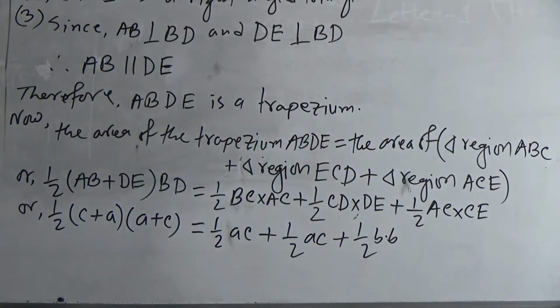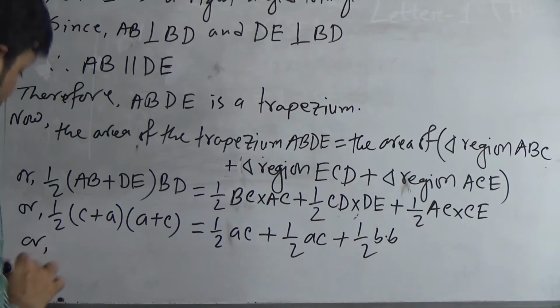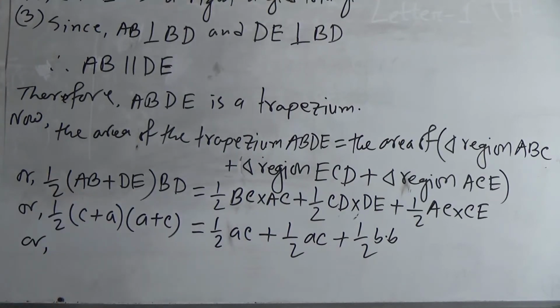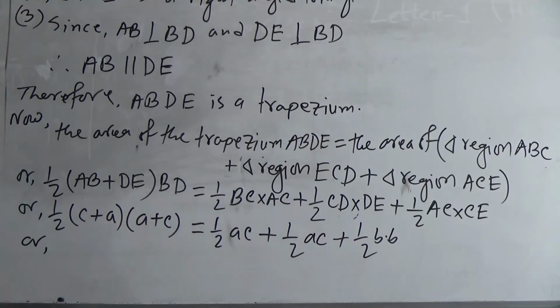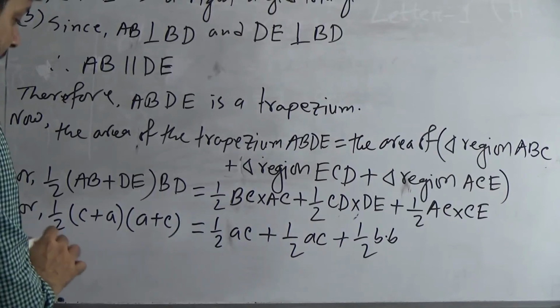Now we can multiply both sides by 2, so this half will be removed. We can write A plus C into A plus C, the product of these two is A plus C whole square.